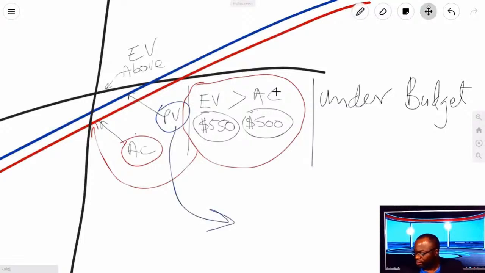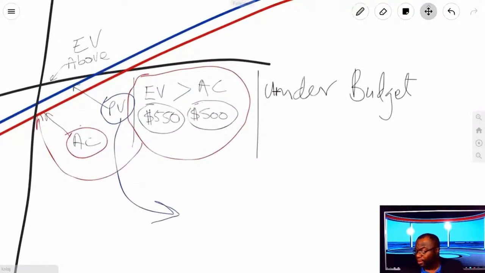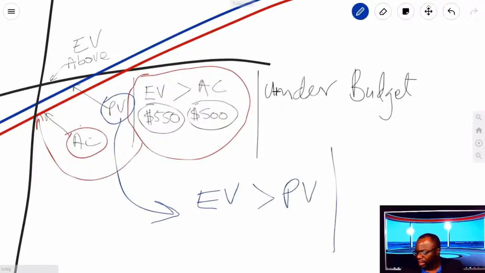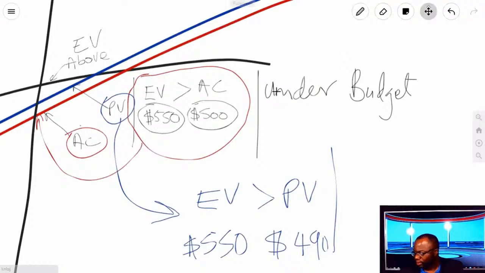If we take a look, the blue line is also under the EV line. So we could say EV is greater than PV. In other words, I planned to get, let's say, $490 worth of work done, but I got $550 worth of work done.